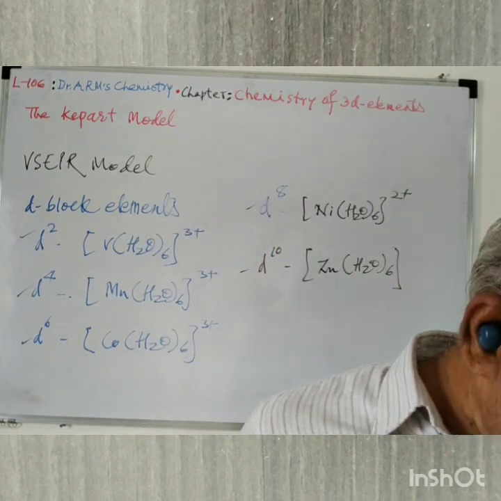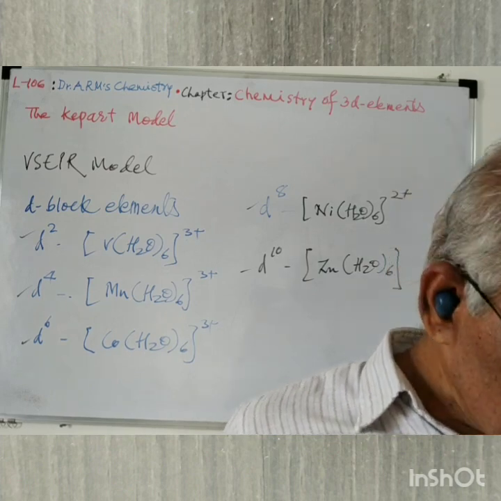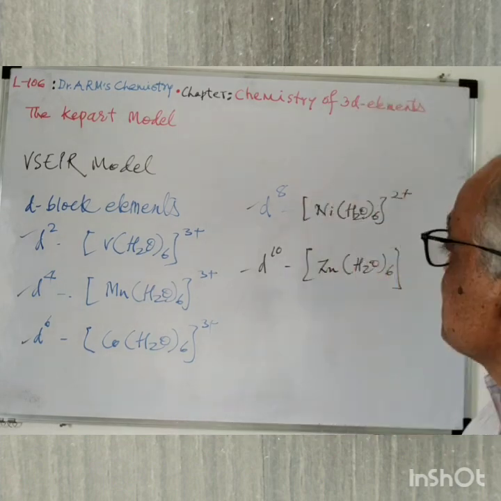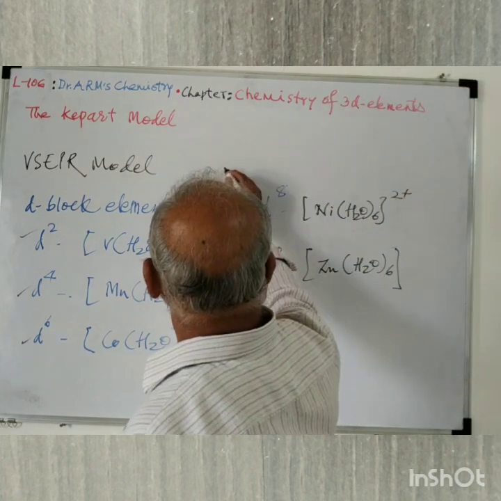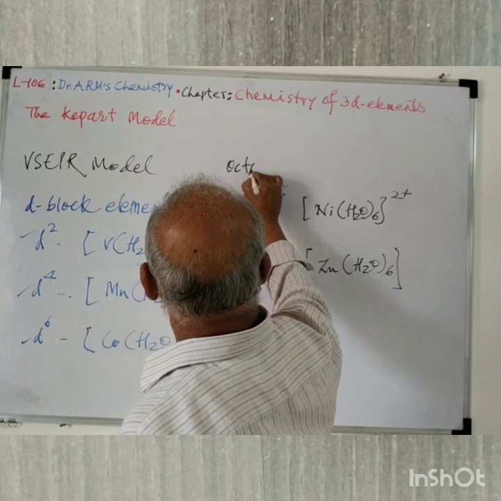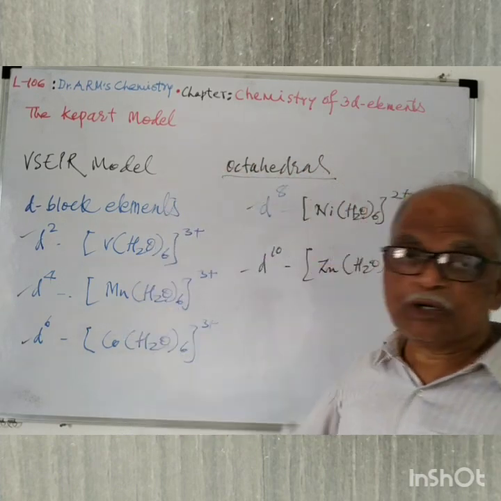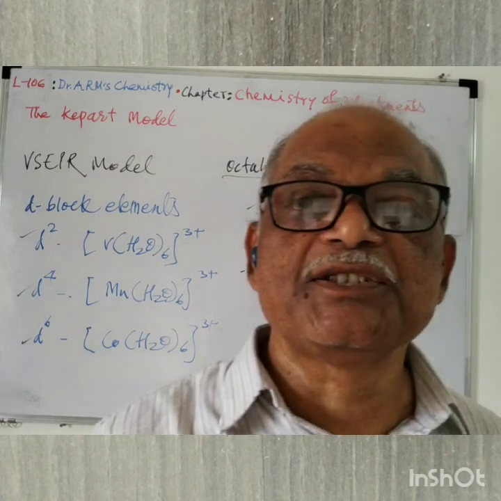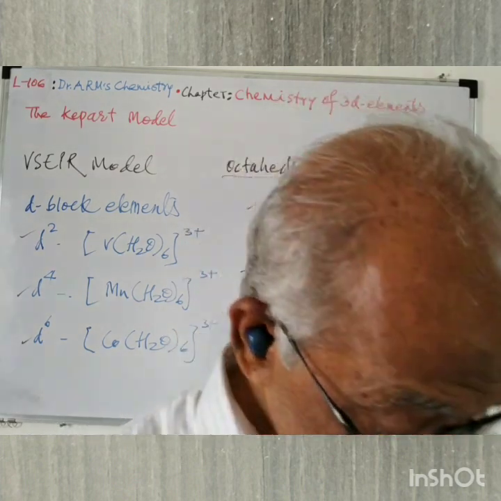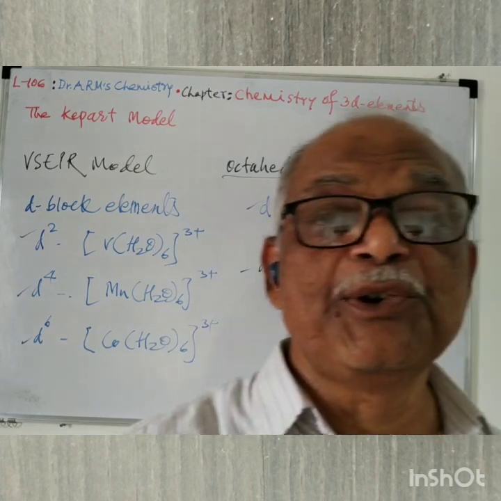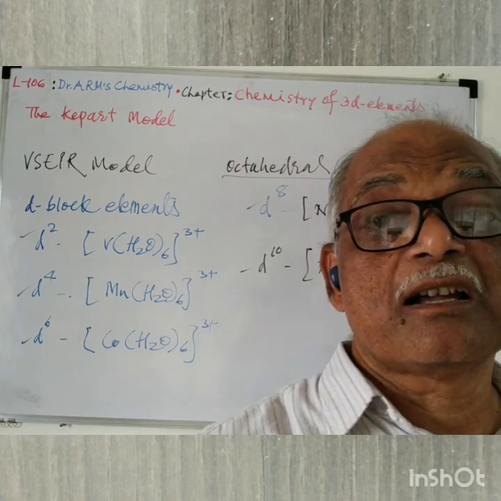But this is not happening. All these structures are octahedral, the same, even though the electronic configuration changes. So this is the failure of the VSEPR model.